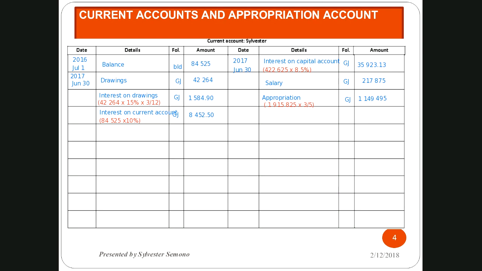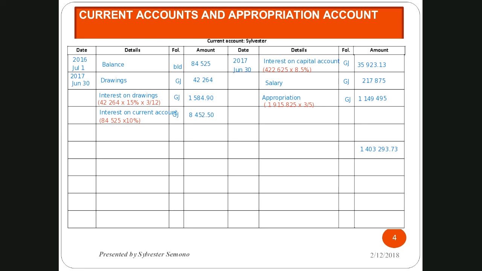Obviously, the credit side is the biggest, and the total on the credit side is 143,293.73.